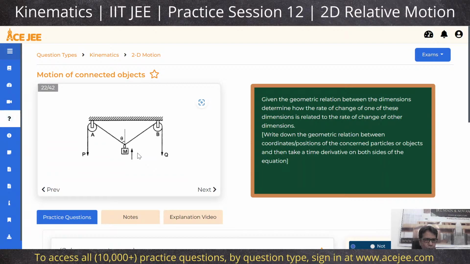In this scenario, you have two strings, P and Q, being pulled downwards with a certain speed.